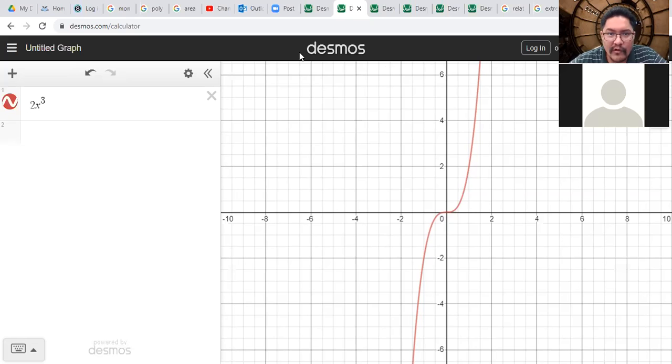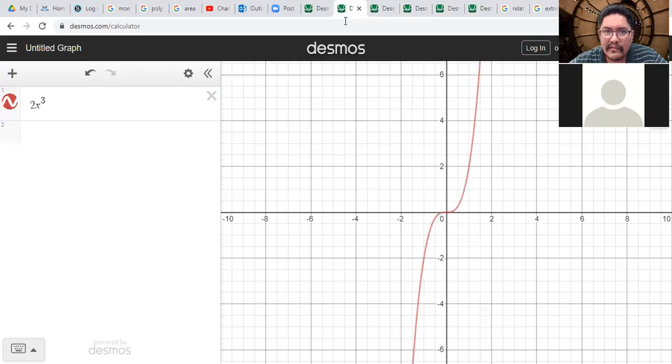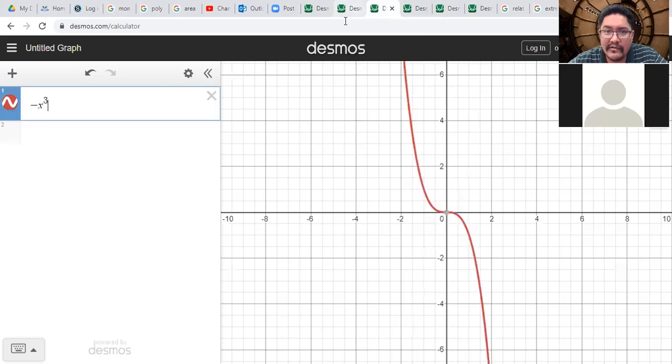For number 4, I'm going to go ahead and switch over to it really quick. So keep your eye on this graph, and I'm going to switch back and forth between them. You notice that it kind of looks the same, but opposite, right?